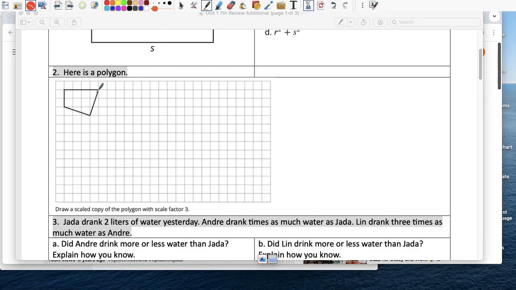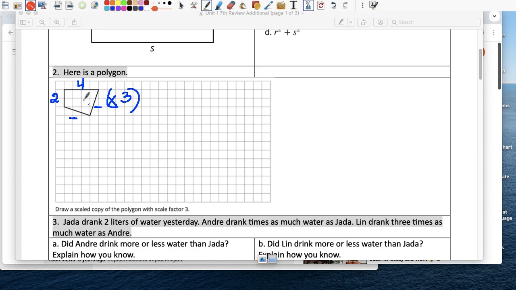For these, I'm going to do these two because they're straight lines and we can count. This is 2 and this is 4. So let's just do these two because the other ones are diagonals. I'll explain why it's a little bit harder for those in a second. So scale factor of 3 means we multiply every dimension that I have times 3.